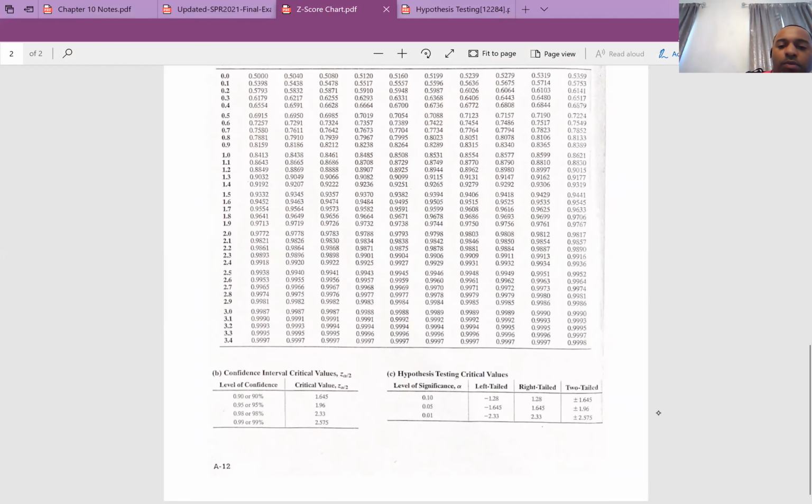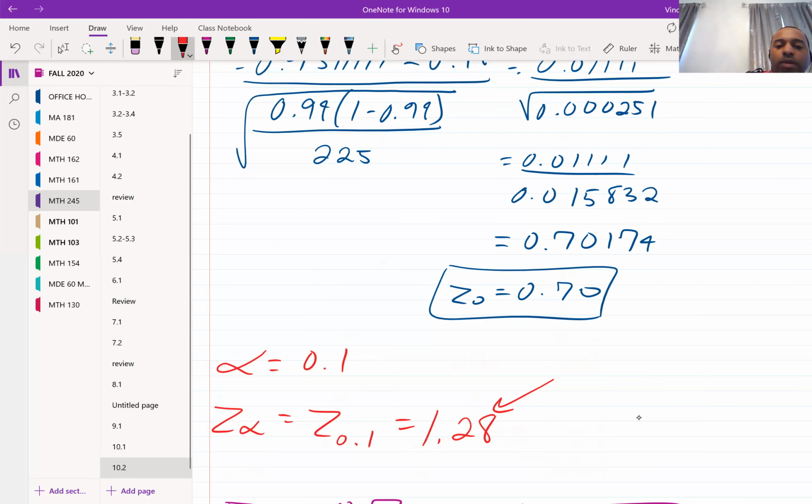If alpha is 0.1 and we have a right tail, then our Z alpha is going to be 1.28. All right, any problems with that? So that's where I got the 1.28 from.